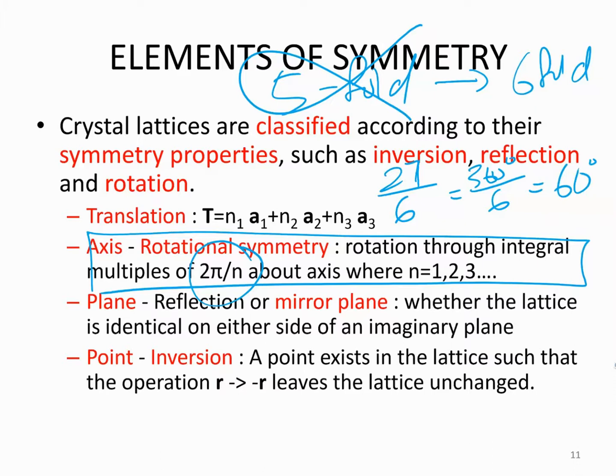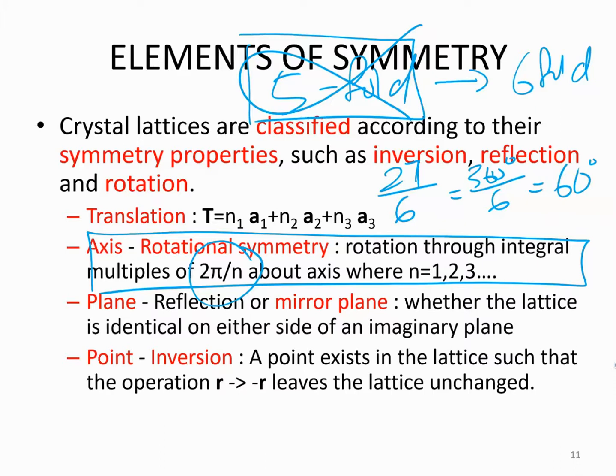Then you may wonder why there's no 5-fold in the nature of the symmetry. There's one simple calculation proving that there's no 5-fold axis in this world. For the real crystal, there's no 5-fold.